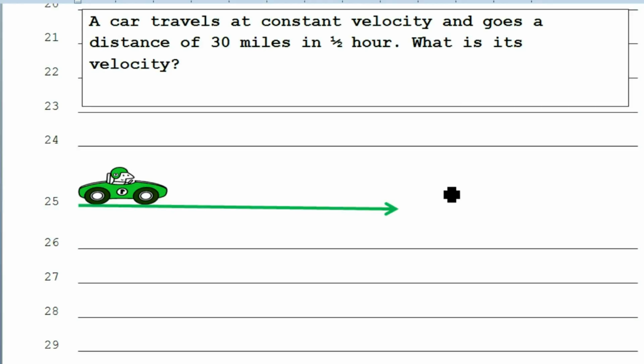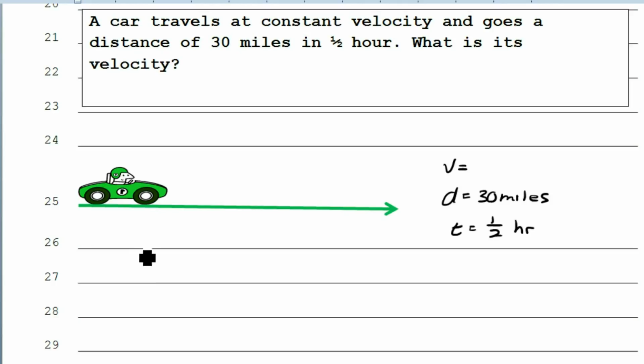And here's another one. A car travels at constant velocity and goes a distance of 30 miles in 1/2 hour. What is its velocity? We don't know yet. Distance, we're given 30 miles, and time, we're given 1/2 hour.